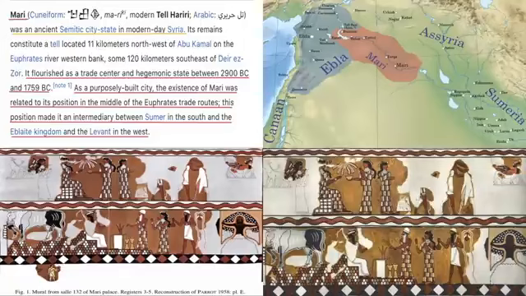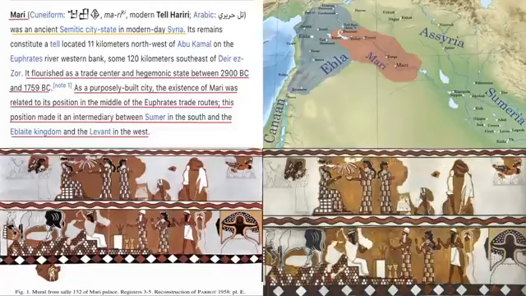As a purposely built city, the existence of Mari was related to its position in the middle of the Euphrates trade routes. This position made it an intermediary between Sumer in the south and the Eblaite kingdom in the Levant in the west.